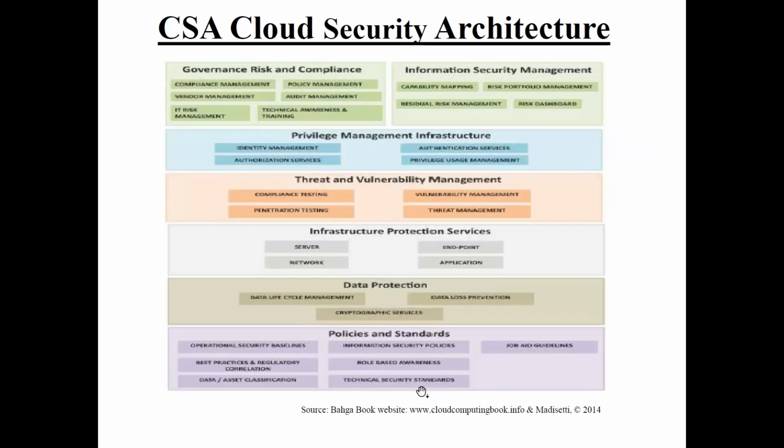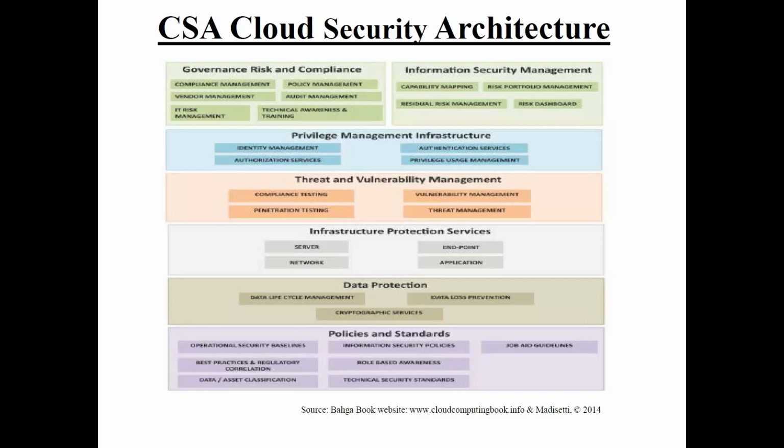So let us look at this architecture. Let us talk about these subdomains. Governance, risk management, and compliance deals with identification and implementation of appropriate organizational structure, processes, and controls to maintain effective information security governance, risk management, and compliance.